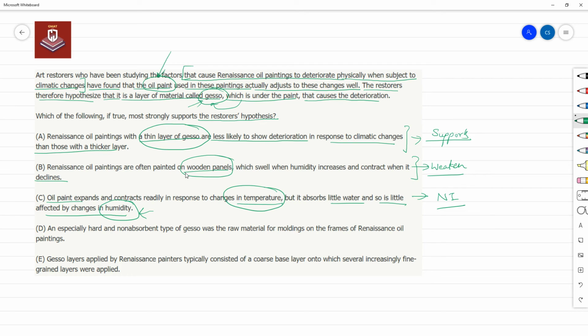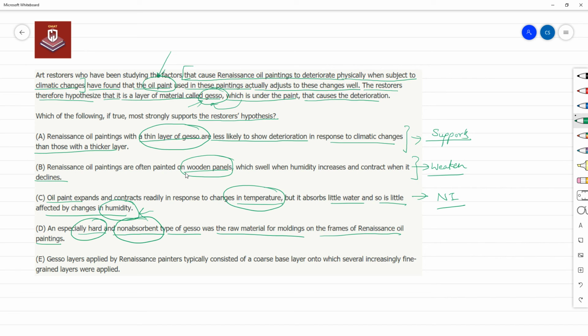Option D, an especially hard and non-absorbent type of gesso was the raw material for moldings on the frames of these paintings. So we are using a particularly hard and non-absorbent material, which is not going to absorb anything. It's particularly hard, so probably it can sustain changes, right?